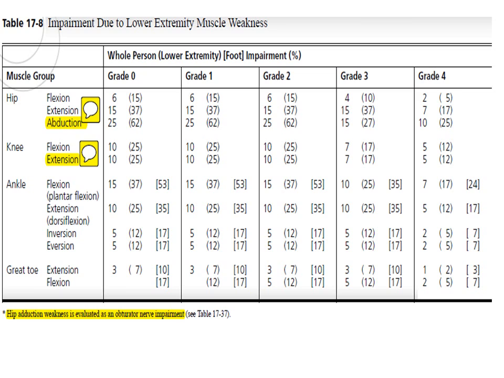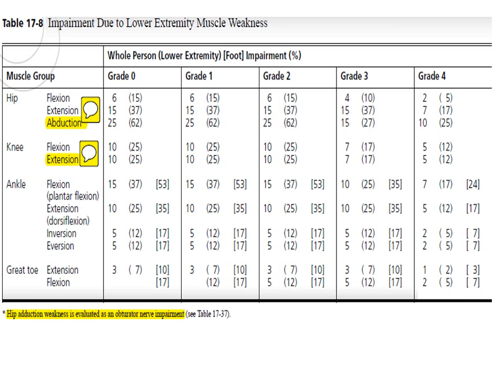However, a grade 4 does. So a grade 4 would be equivalent to 1 to 25% loss of motor function of all these different motions.